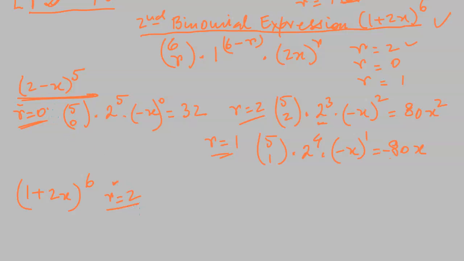Obviously, over here r has a value of 0 and this has a value of 2. If you think you will get confused by using the same variable, you can take different variables. But I don't think you really need that because we are getting the terms separately. Just don't mix them up.